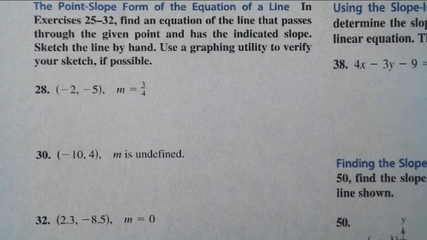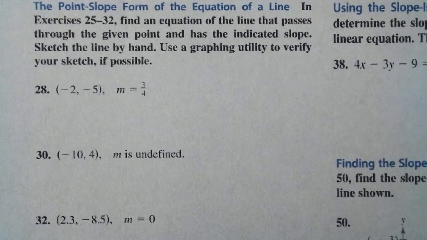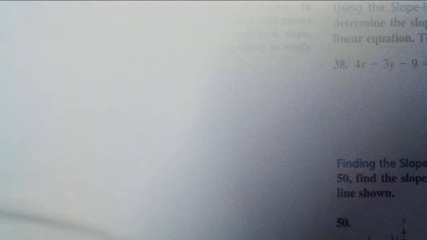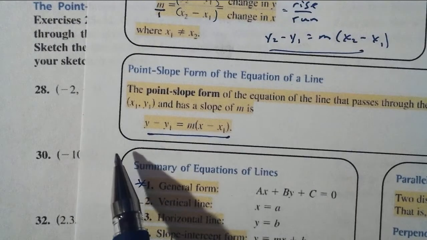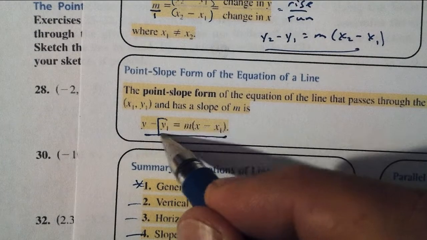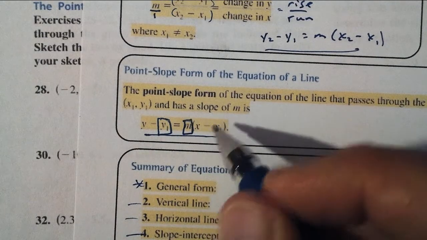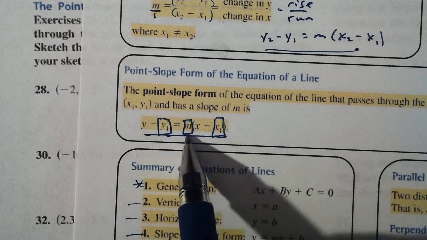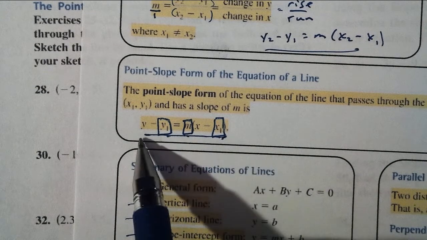And if we want an equation of a line with a given slope, and I've got a point, I'm going to use point slope form. And real quickly, point slope form is y minus the y coordinate equals m times x minus the x coordinate. Those are just the puzzle pieces I need to come up with an equation. Everything else stays the same.